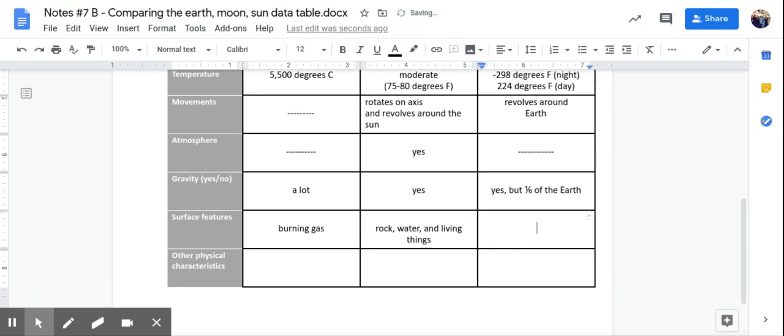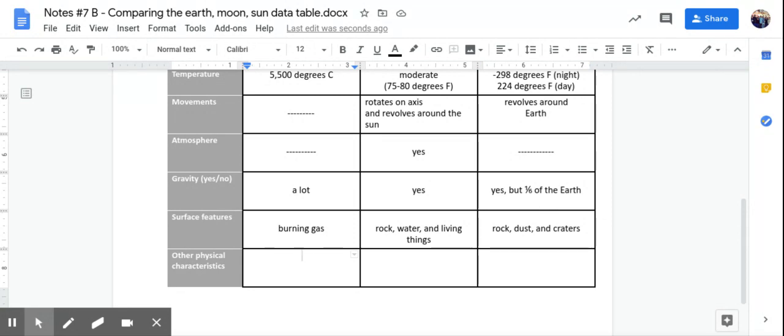All of Earth is pretty much some combination of those things. And then the surface of the moon looks like rock, dust, and craters. Craters meaning big dips or big holes, big valleys kind of in the surface of the moon.